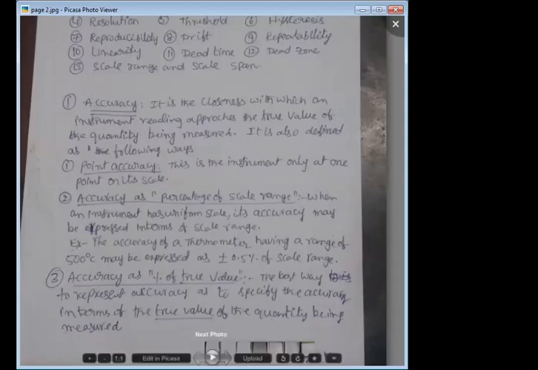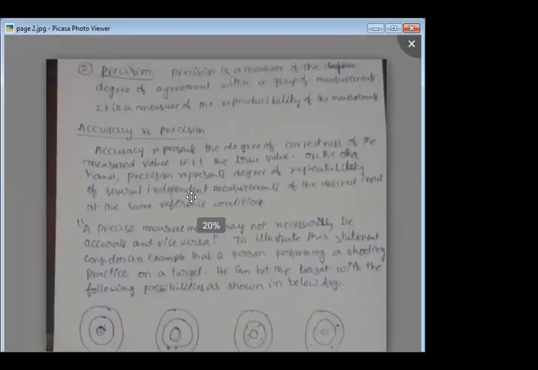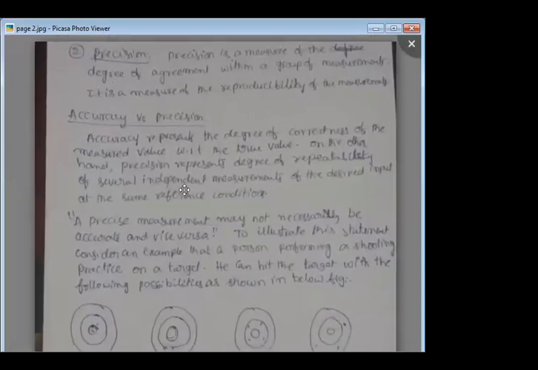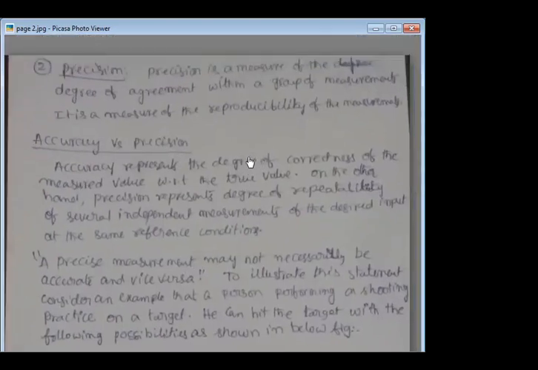And coming to precision, precision is a measure of the degree of agreement within a group of measurements.